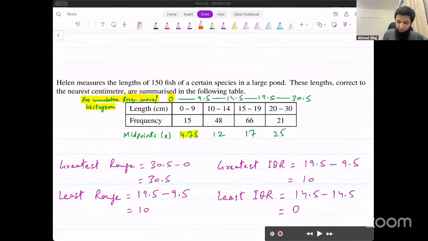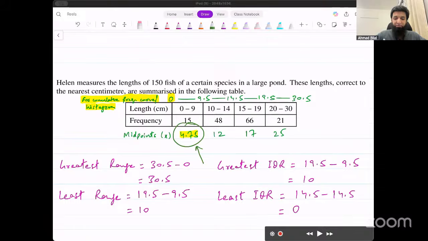But in the first interval, we cannot take the left side to negative 0.5 because length cannot be negative. So the lower limit of the first interval is still going to start from 0. And now the midpoint from the original interval is going to be different from the adjusted interval. In this case, it's necessary to adjust the interval first. So you adjust the interval 0 to 9.5, and the midpoint you get from that is 4.75. The mean calculation or the variance calculation that you would do has to be based on this number.